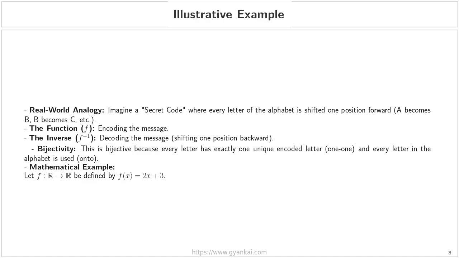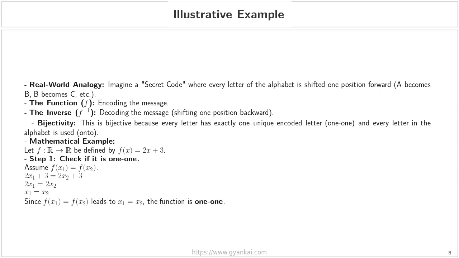Consider a function f, mapping the set of real numbers to the set of real numbers, defined by f of x equals 2x plus 3. To determine if an inverse exists, we must first follow the steps we discussed in the previous slides. Step 1 is to check if the function is 1-1. We start by assuming that f of x1 equals f of x2.